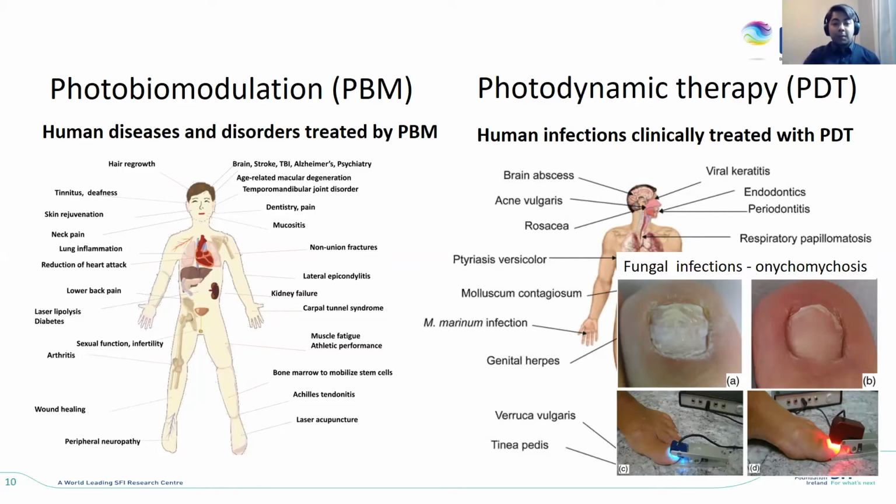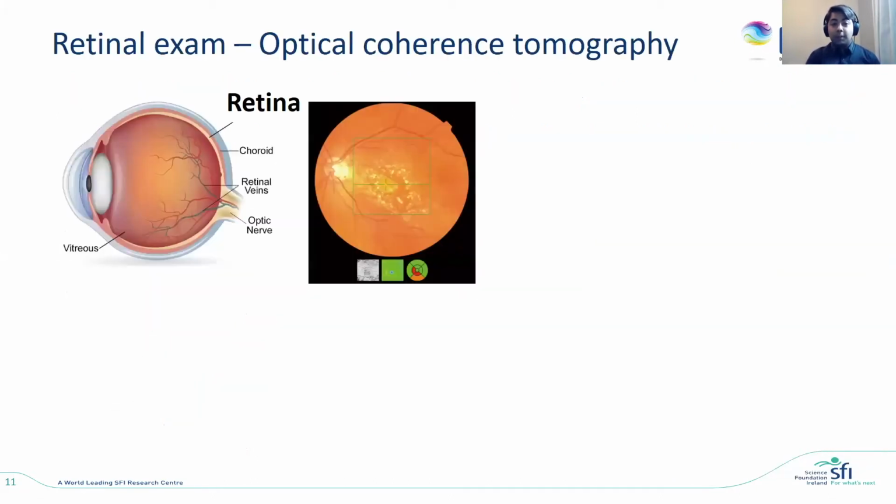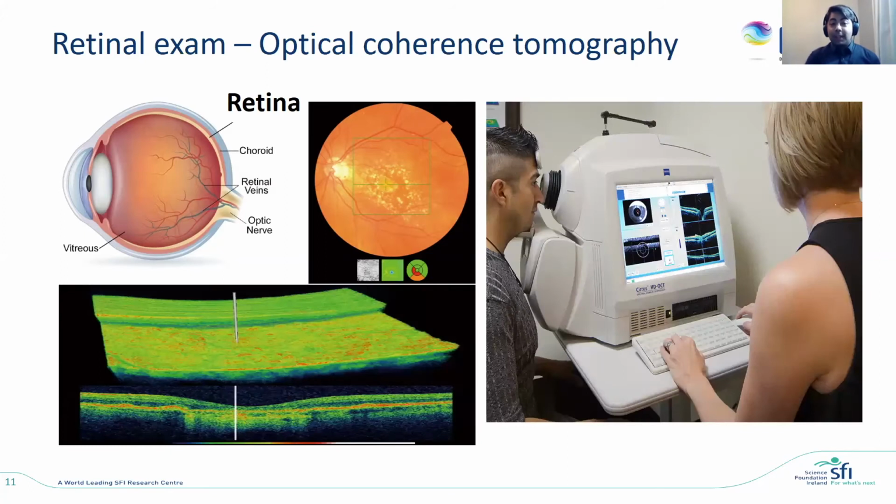It's not the only success of biophotonics. One of the most successful methods for imaging is the retinal exam. The retina is the light-sensitive layer at the back of your eye. When you go to your ophthalmologist, you may see him or her asking you to look into equipment like this.